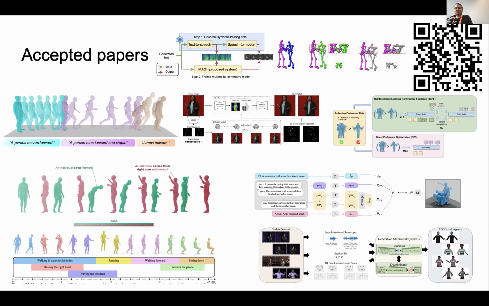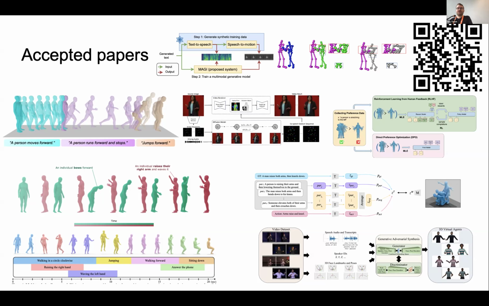So this year we have 9 accepted papers in a variety of topics, including two-person interaction, gesture synthesis, multi-text to motion, and RL with human feedback for motion synthesis. If you are one of the 9 accepted papers, you can recognize yourself in this slide. In addition, our poster session includes 13 more papers in the non-archival track.